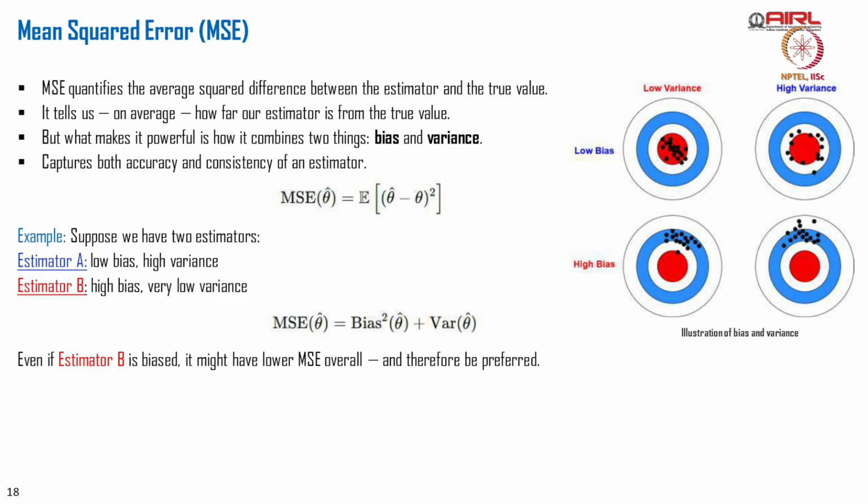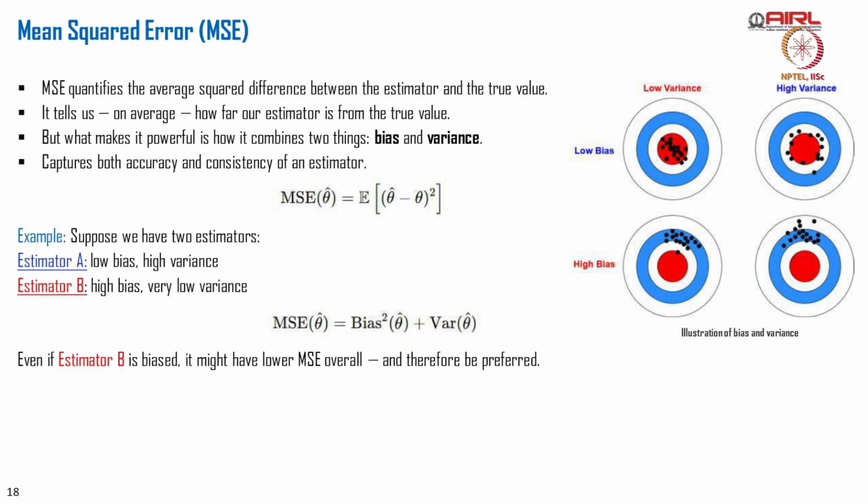Now let us get a more detailed understanding of how mean square error plays a role. MSE quantifies the squared difference between the estimator and the true value. It also tells us, on average, how far our estimator is from the true value. But what makes it more powerful is that it combines two things, bias and variance. It captures both the accuracy and consistency of the estimate.